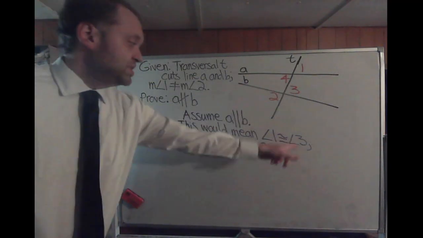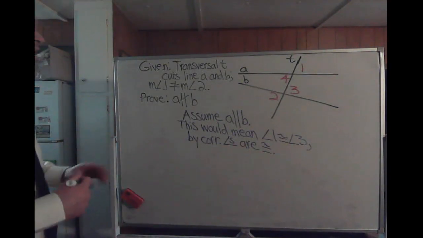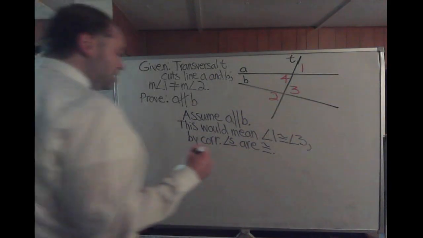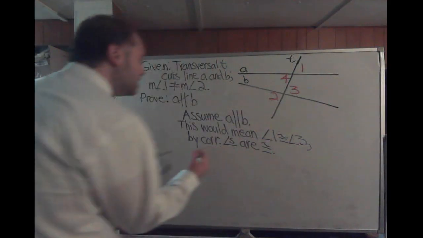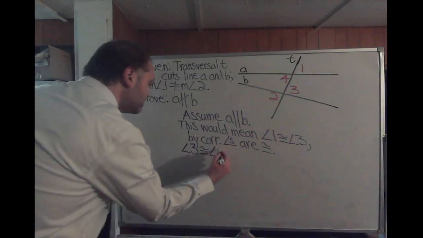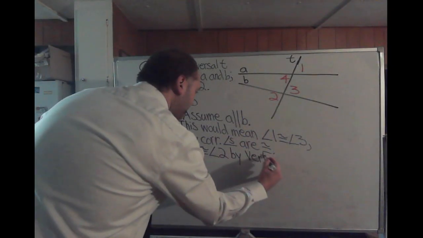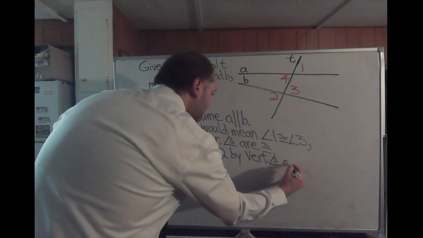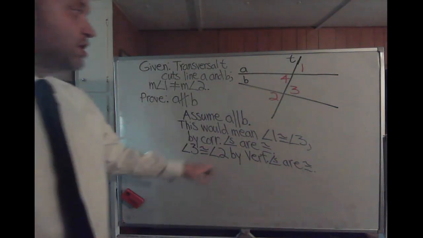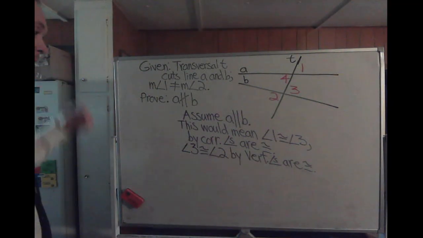This would mean that angle 1 is congruent to angle 3 by corresponding angles are congruent, right? Angle 3 is congruent to angle 2 by vertical angles are congruent. Well, whether these lines are parallel or not, 3 and 2 are vertical angles. That much is absolutely true.